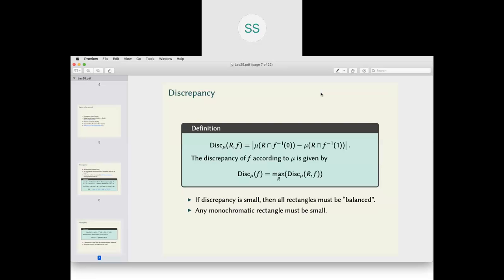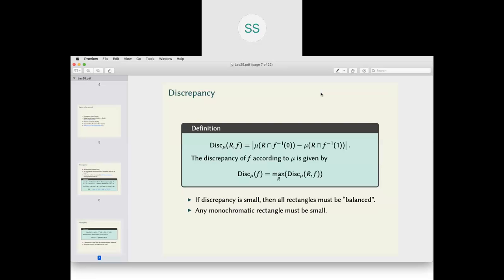So any rectangle has roughly equal number of zeros and ones, right? So any monochromatic rectangle, of course, monochromatic means it has all zeros or all ones, must be small, because the number of zeros minus number of ones is the size of the rectangle, and this must be below the discrepancy, right?